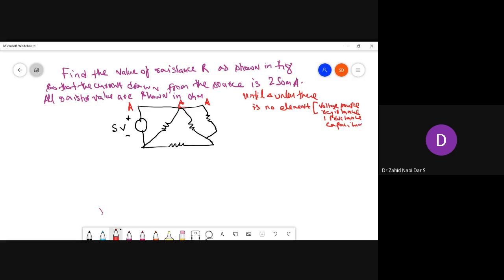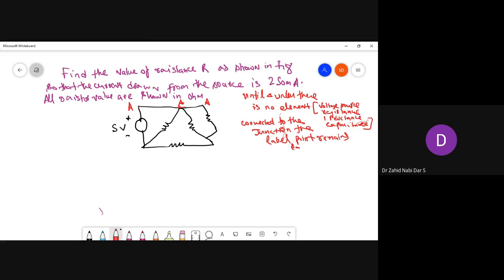If only a wire is there and no element is connected to the junction, the labeled point remains the same. So this is very important.